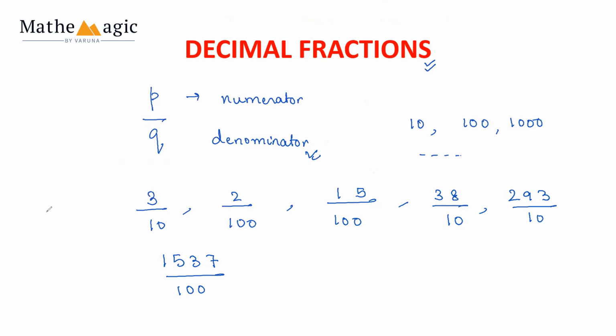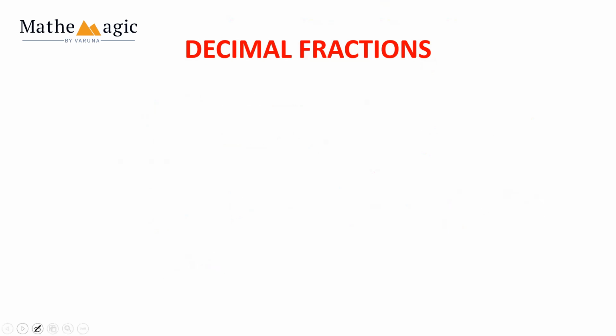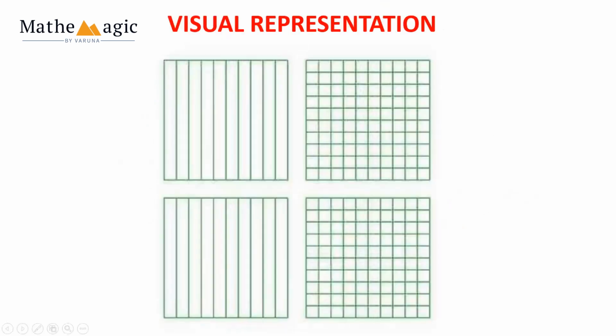Now let us learn this using a visual representation. Here I have divided the first grid into 10 equal parts, 10 equal rectangles. If you can see, there are 10 equal rectangles.